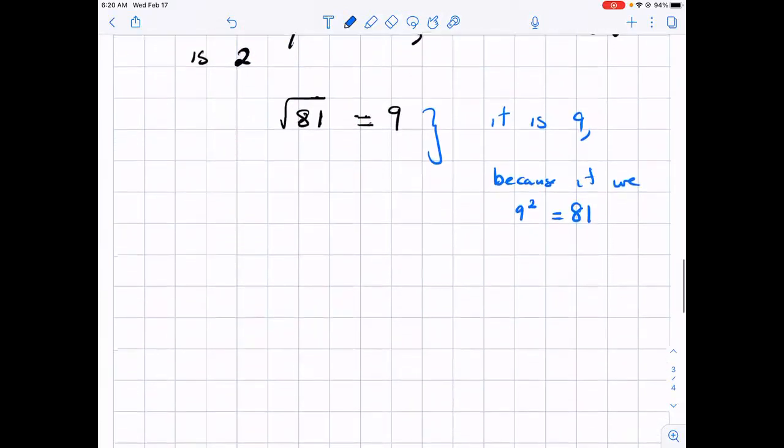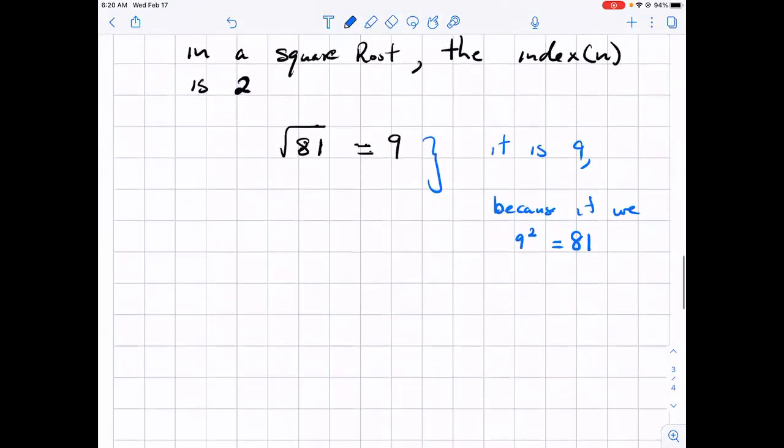On the other hand, if we look at this example, what is the cube root of 27? The cube root of 27 is what number, when you cube it, when you multiply it by itself 3 times, gives 27, and that is 3.